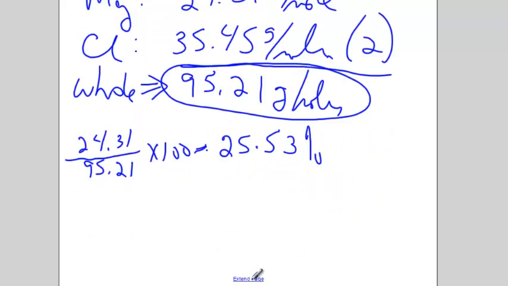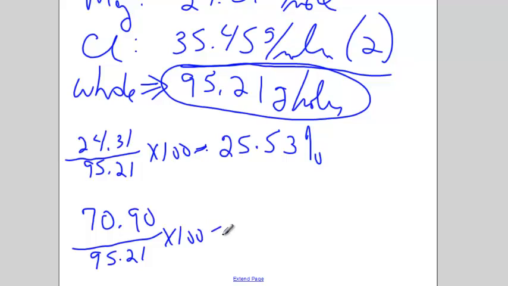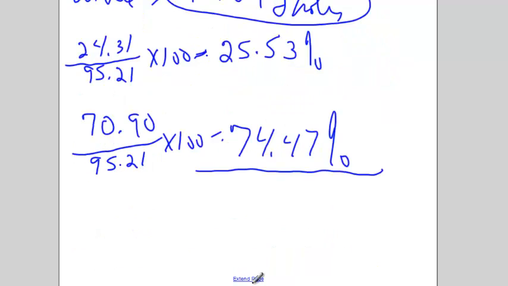This guy, the chlorine, 35.45 times 2 is 70.90. So 70.90 over 95.21 times 100 equals 74.47%, which, by the way, it darn well better add up to 100%.